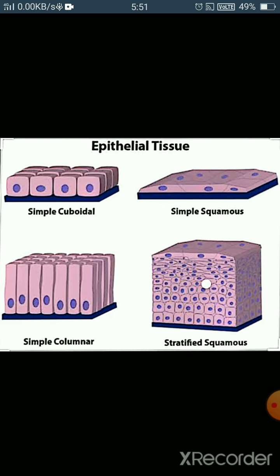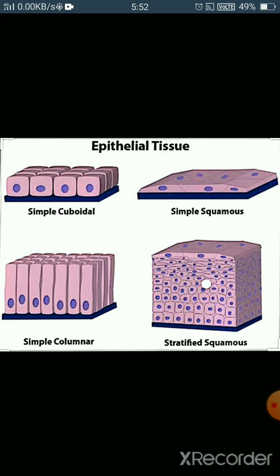Another is columnar. Columnar means the shape is like pillars. They are found where absorption and secretion occur, basically in the inner lining of the intestine, and they facilitate movement across the epithelial barriers in the respiratory tract, as they have cilia.